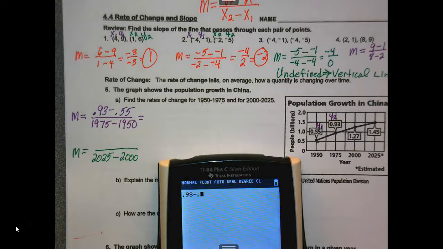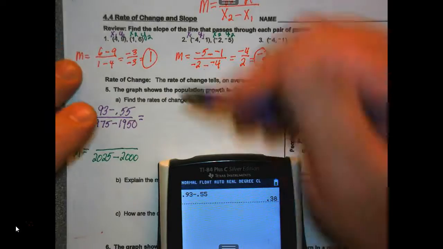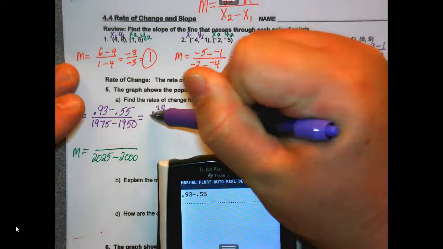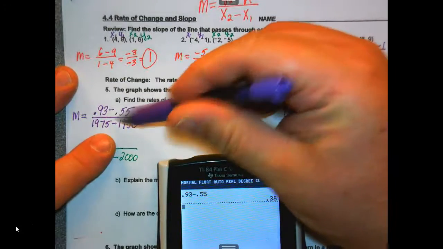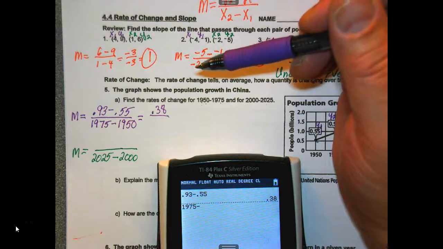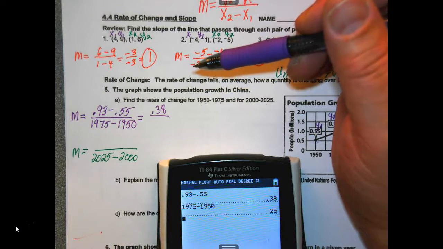0.93 minus 0.55, I get 0.38 for the numerator, over 1975 minus 1950, 25.